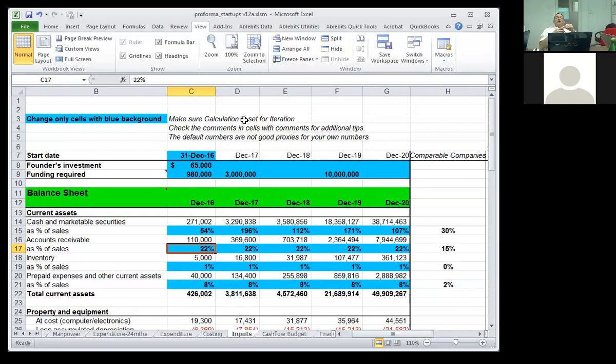So how do you estimate it? What are the standards in the industry for what you're doing? If you're working in an industry where the standard is plus 45, then your accounts receivable is going to be a percentage of your sales: 45 over 365.